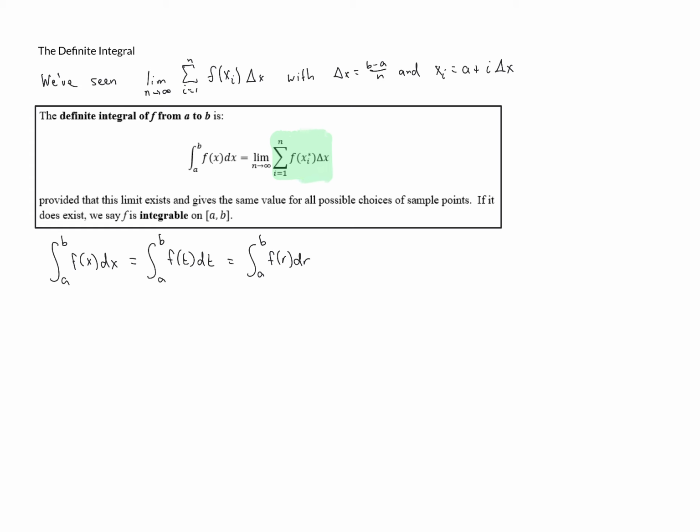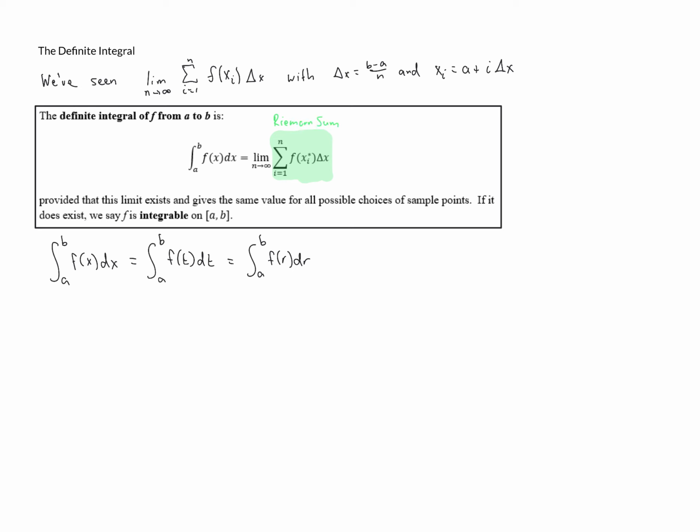If we're thinking about this in the context of finding the area underneath a curve, this is the approximations that we did, adding up the areas of several rectangles. And the integral is what we get when we take the limit as n approaches infinity, as the number of rectangles approach infinity. So what that means here, so this part is the Riemann sum.